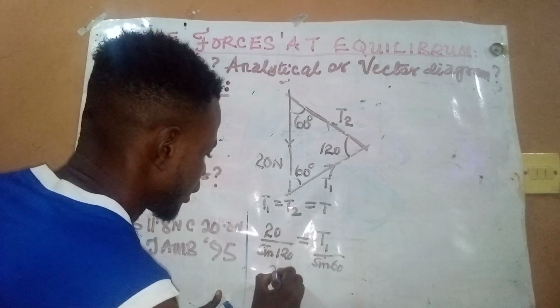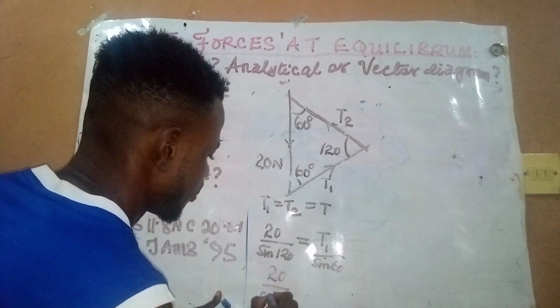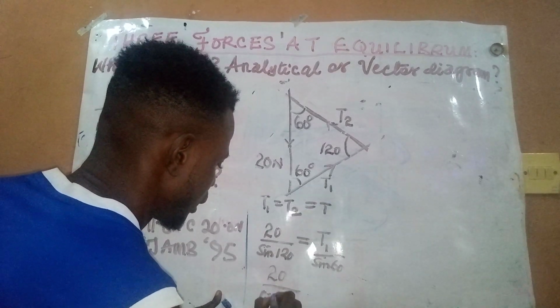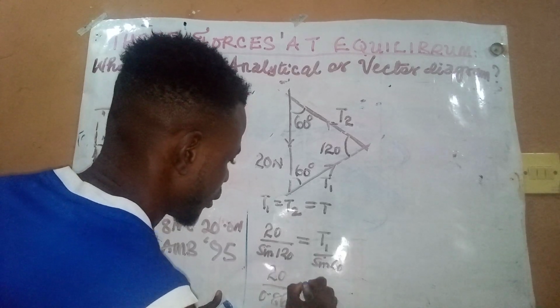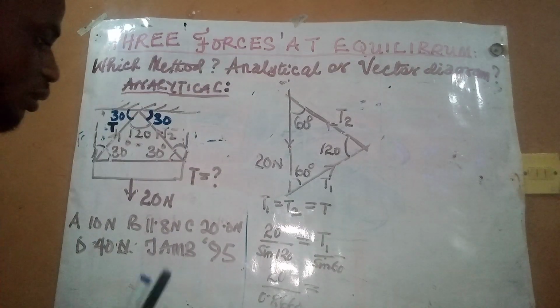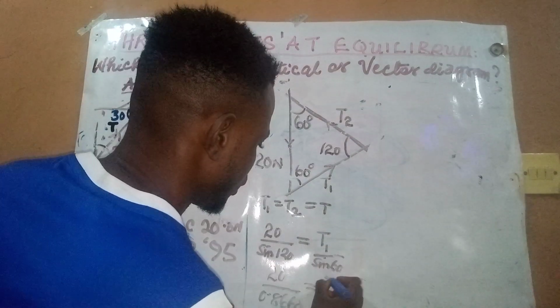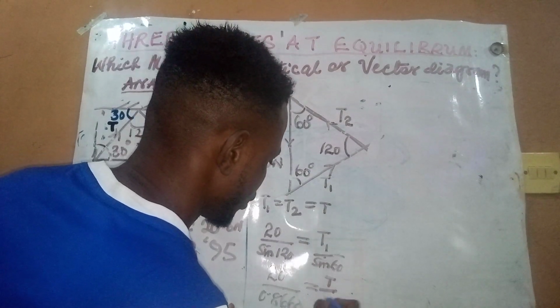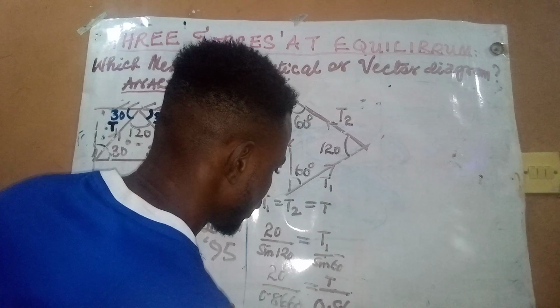Sine 120 is 0.8660, equals T over 0.8660.